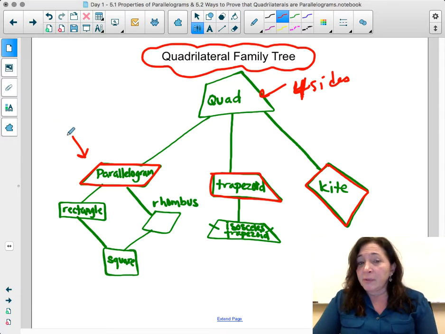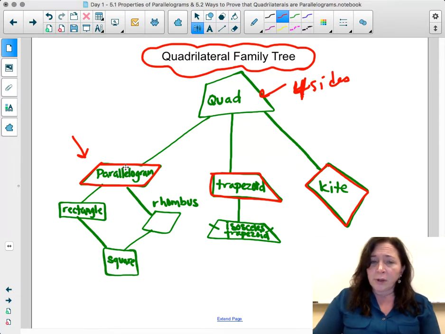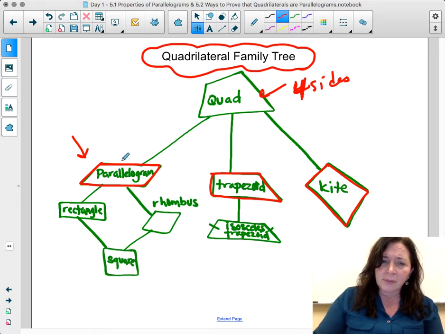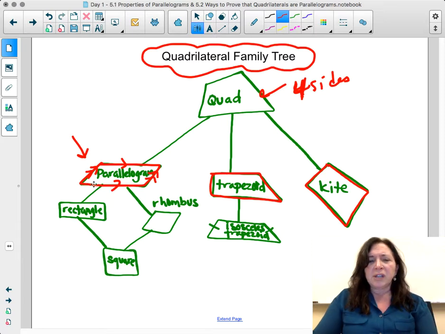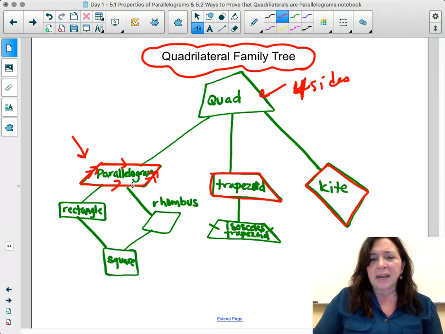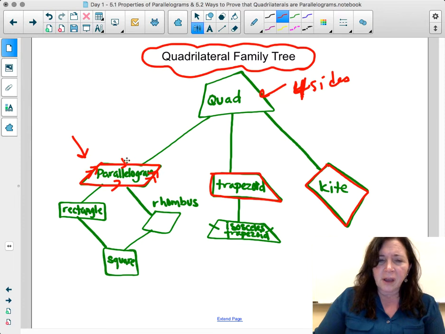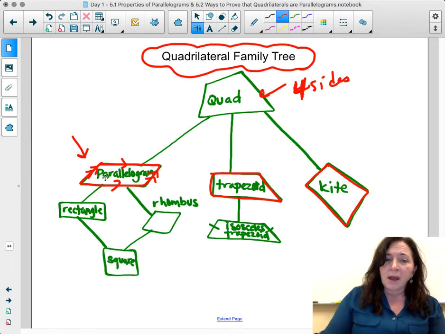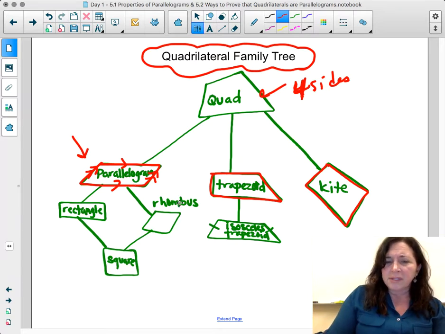The definition of a parallelogram is basically a quadrilateral that has both pairs of opposite sides parallel. That's the definition of a parallelogram. Very important. Types of parallelograms are rectangles, squares, and rhombuses.